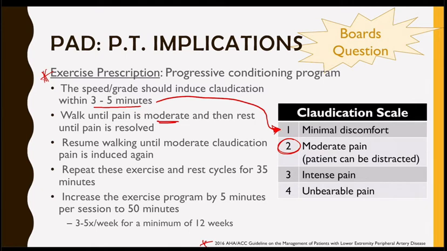You resume walking until that moderate to severe claudication pain is induced, and you rest. You repeat these exercise-rest cycles for 35 minutes. The goal is to progress them as soon as you can to 50 minutes per session. And you want to do this for 12 weeks, 3 to 5 times a week.